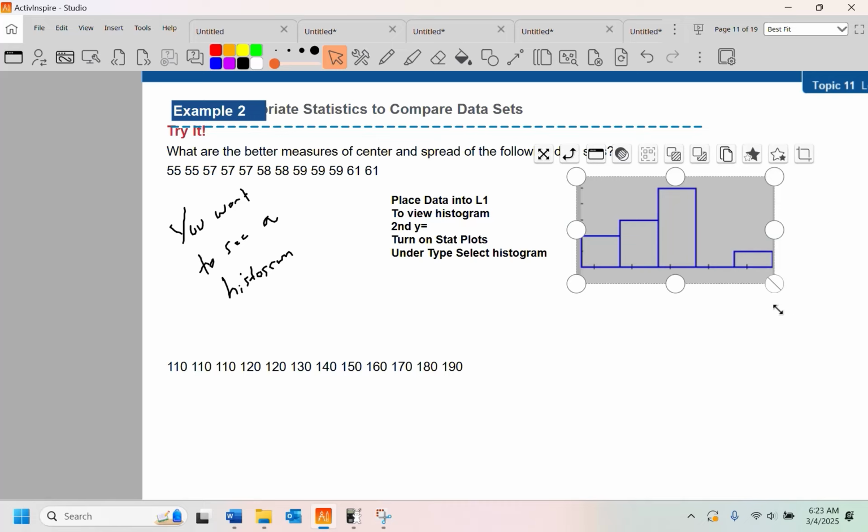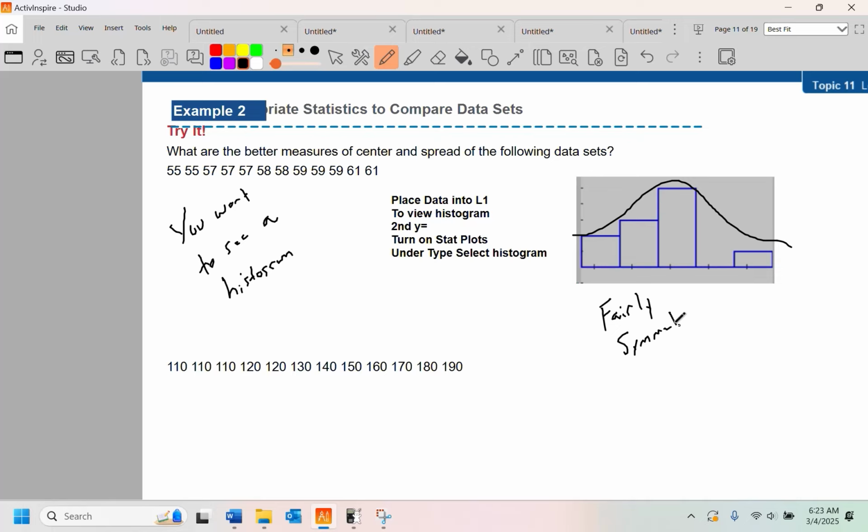Now, if you just look at your graph, it's fairly symmetrical. Now, I can guarantee you that the median is going to be over here and the mean is going to be somewhere else. The mean's probably going to be a little bit to the left. So let's take a look at that.